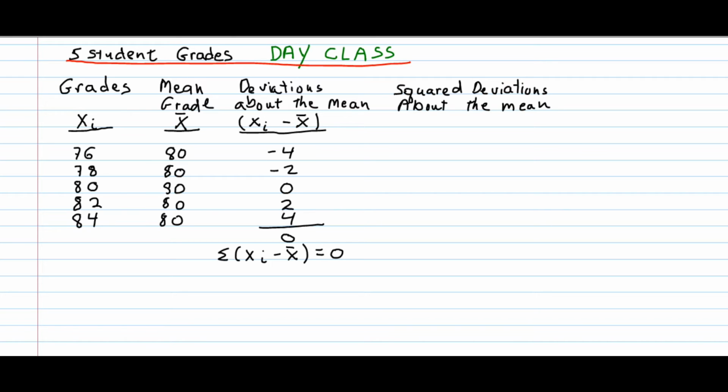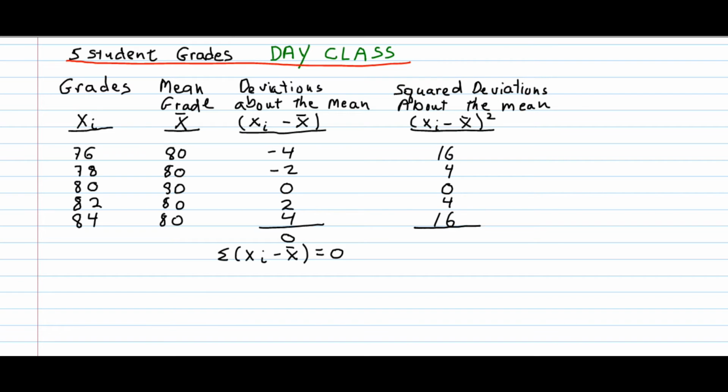And that is simply taking the third column, x sub i minus x bar, and squaring it. So the first number, -4 squared, would be 16. -2 squared would be 4. This is 0. This is 4. And this is 16.